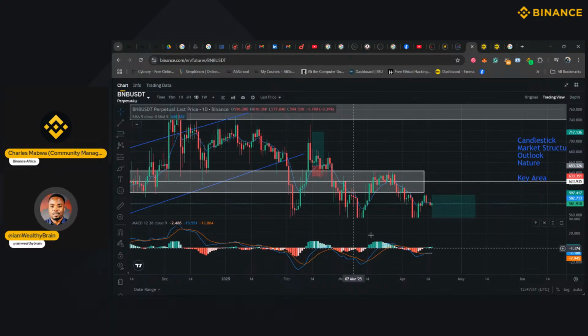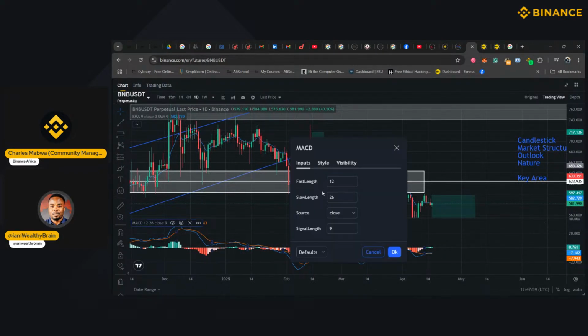Now it is also your responsibility to know what parameters align with it. So when you come to settings, by default, it has fast length 12, slow length 26, the source is close, the signal length is 9.